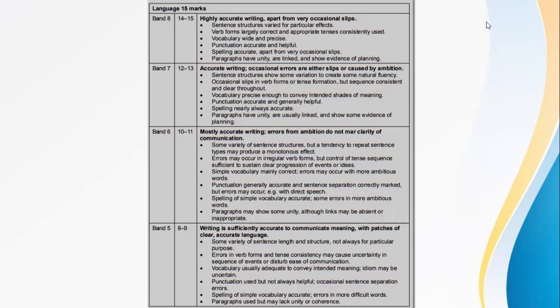For example, you have some variety of sentence structure, but you tend to repeat the sentences or the words, or your writing is monotonous, slightly boring to read, or your vocabulary is too simple, or there are some errors with more ambitious words.